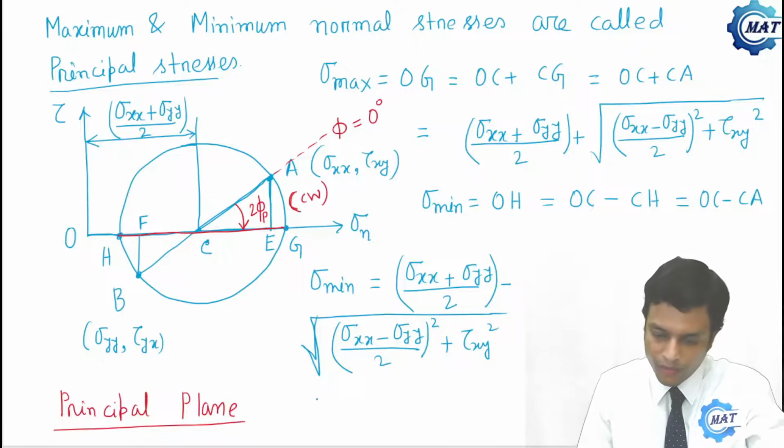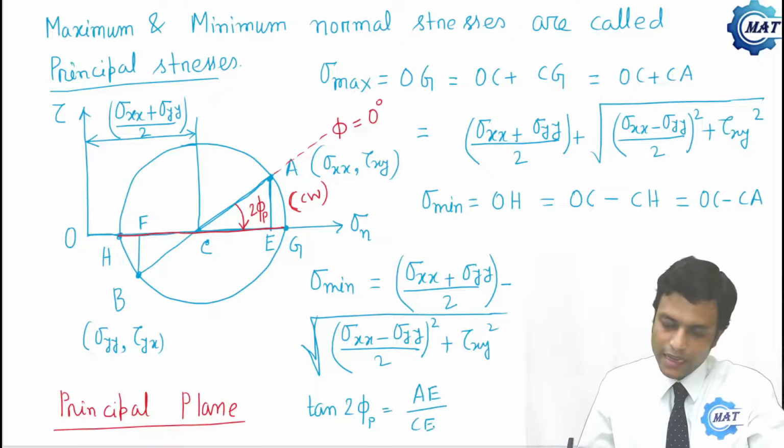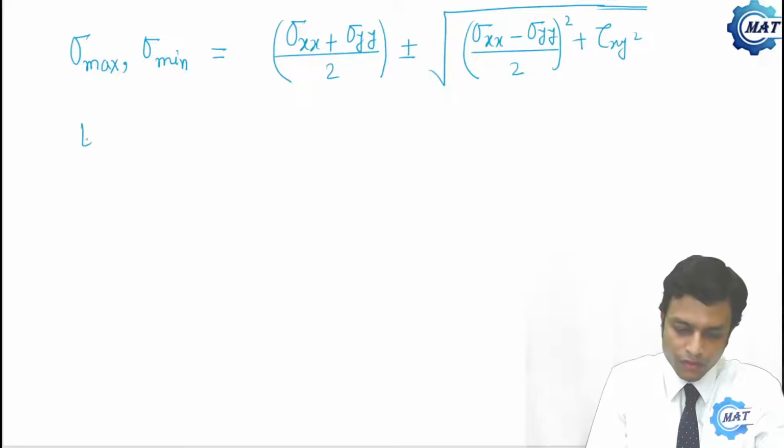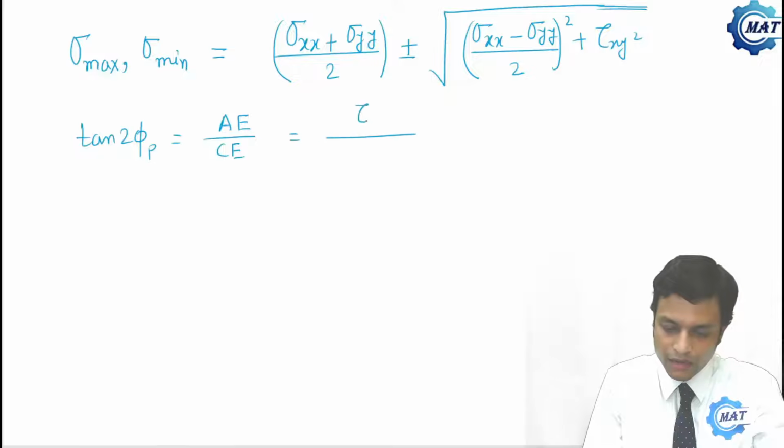Then what will be tan 2 phi p? Tan 2 phi p is AE by CE. AE is tau xy and CE is sigma xx minus sigma yy by 2.